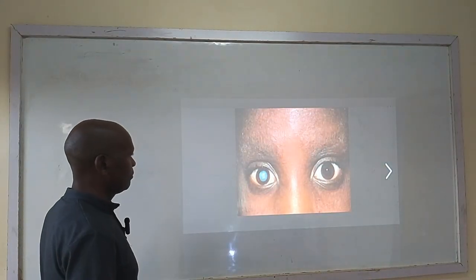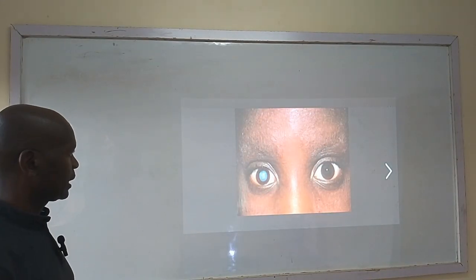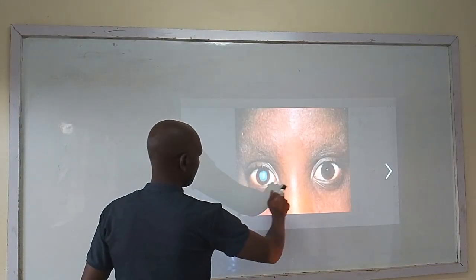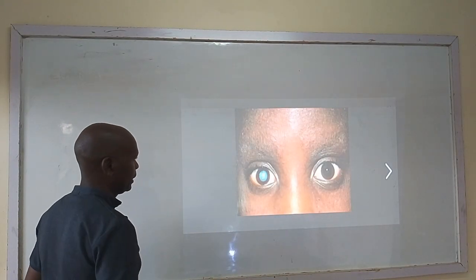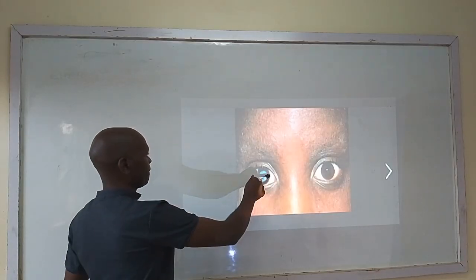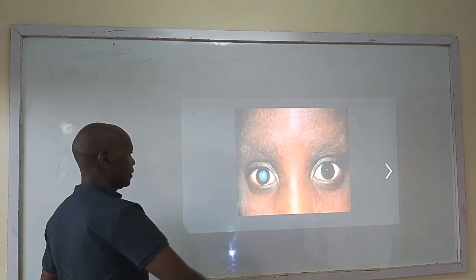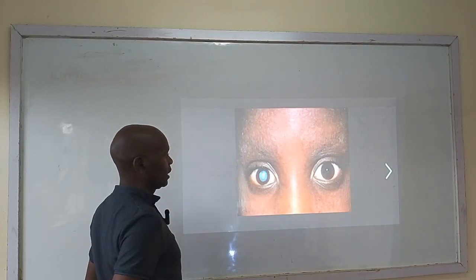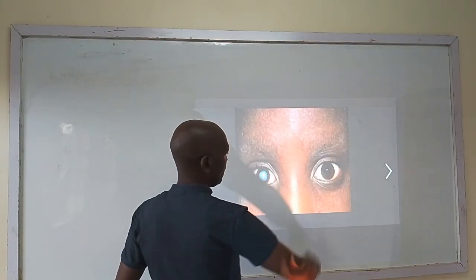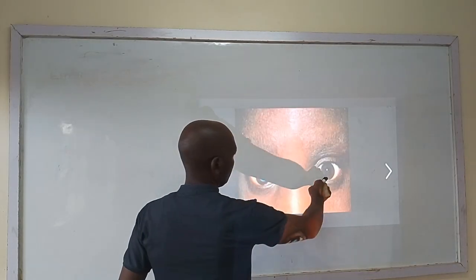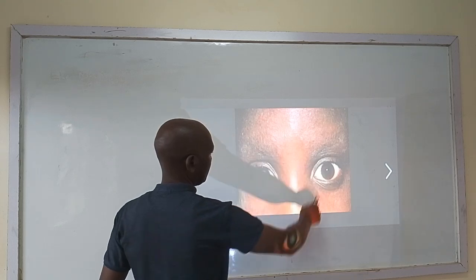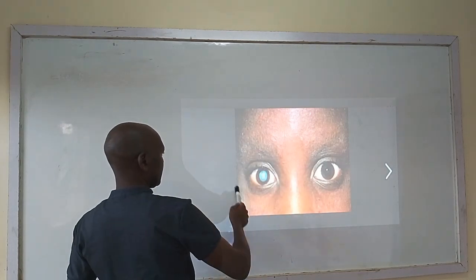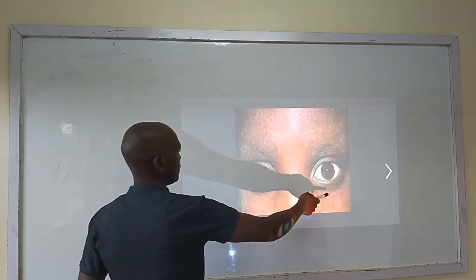This is another diagram to show how a cataract will look like. When you look at these two eyes, this and this, the difference is obvious. You can see a whitish pupil right here, and here you can see a black pupil with the reflex at the center right there. So this is the eye that has cataract, while this is the normal eye.